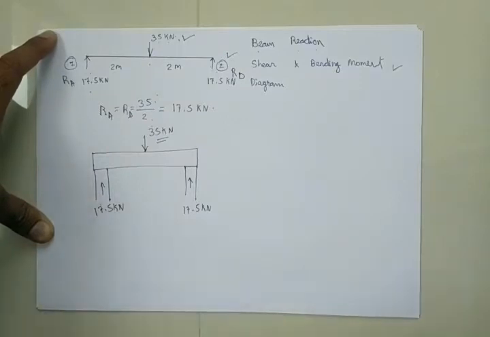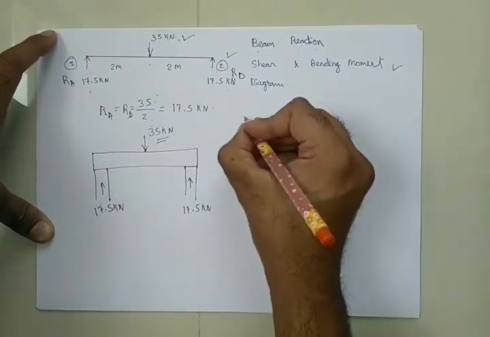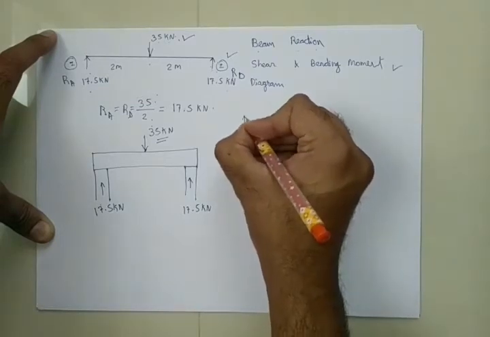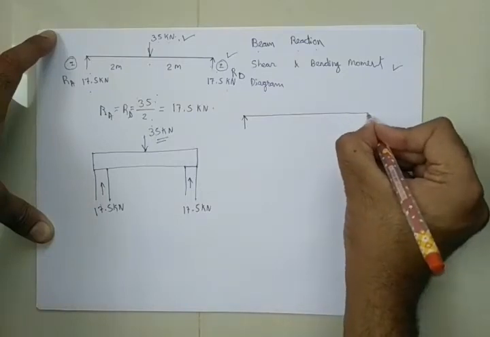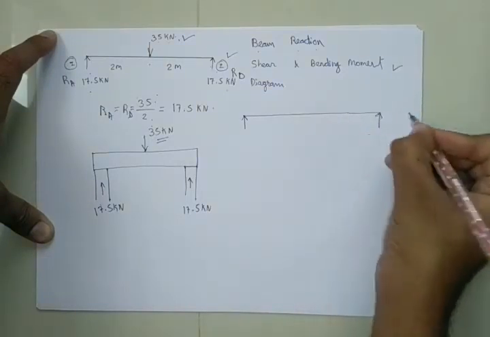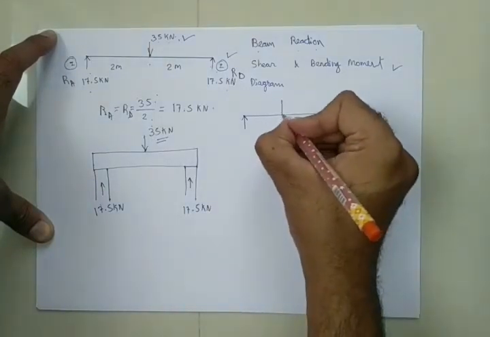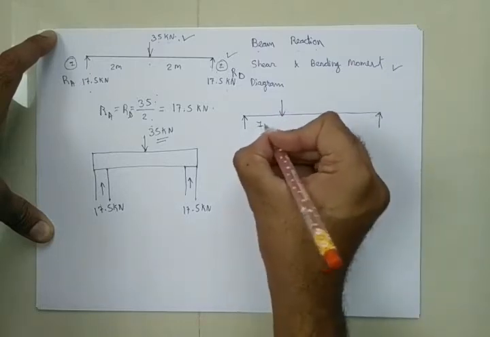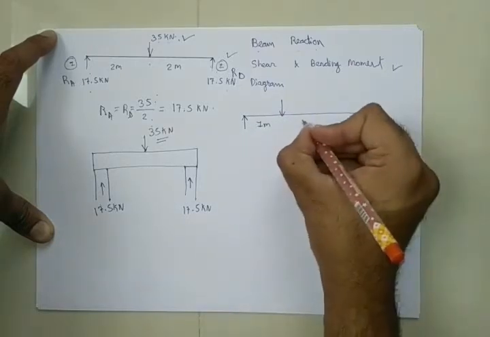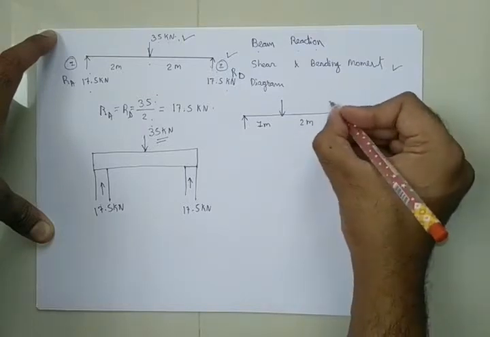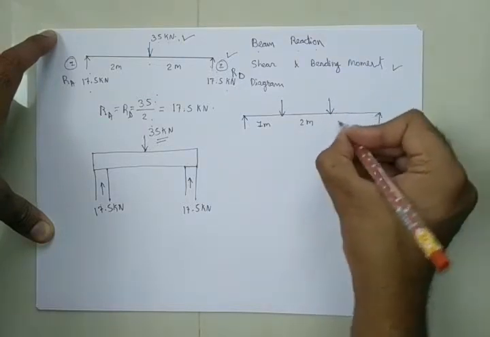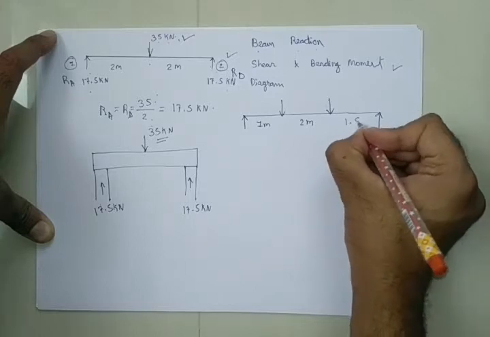But what if the numerical is somewhat complex? Let me say that you have two loads acting on your beam. One is at 1 meter, another one is at 2 meter, and again this is 1.5 meter.